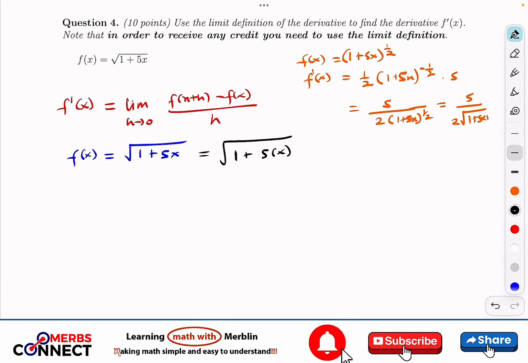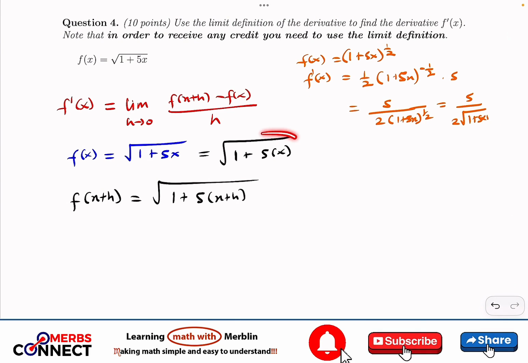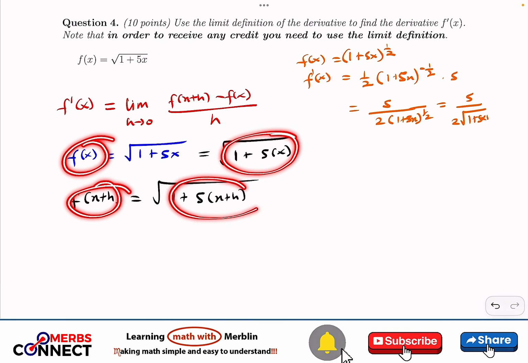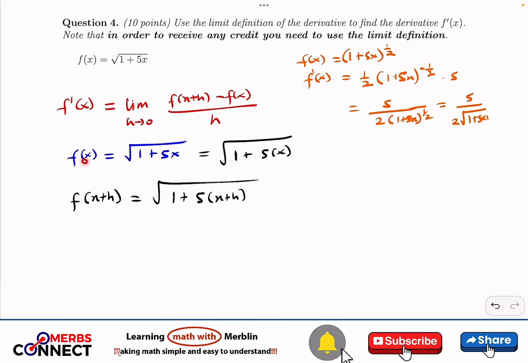And when I do that, I'm going to have f of x plus h is equal to square root of (1 plus 5(x plus h)). So what did I do? Compare this to this and this to this. You see that the only difference is this is x, this is x, this is x plus h, and this is x plus h. So putting all your x's in parentheses helps you to now write out the f of x plus h. If you don't do that, then it's going to be kind of complicated, and then you don't know what to do.